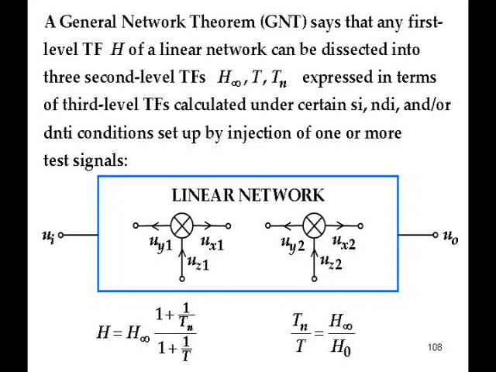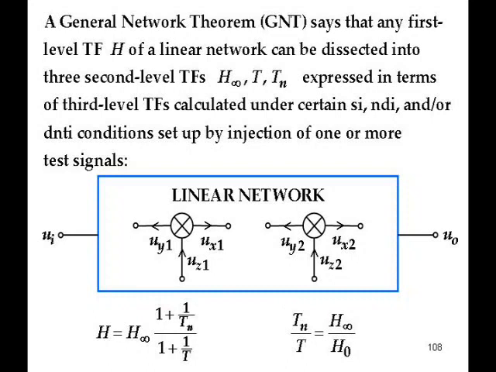That's the separate voltage and current ratios with one quantity known, calculated under certain single injection, null double injection, and or double null triple injection conditions, and they're all very easy to do.